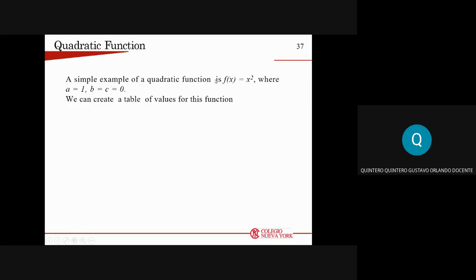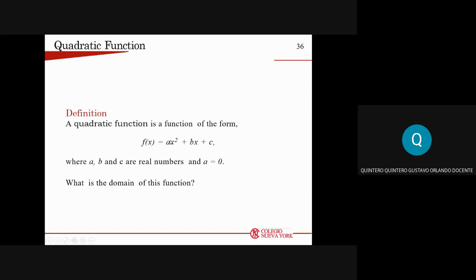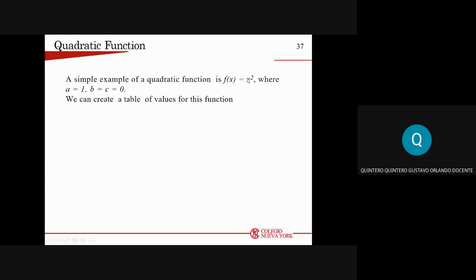A simple example of a quadratic function is f of x equals x squared. This is a quadratic equation. Now, I said at the beginning, you should have this presentation, ax squared plus bx plus c. In here, you only have the ax squared. So what happened with the rest? Okay, the rest is there, but the values of b and c are 0 as well. Look.